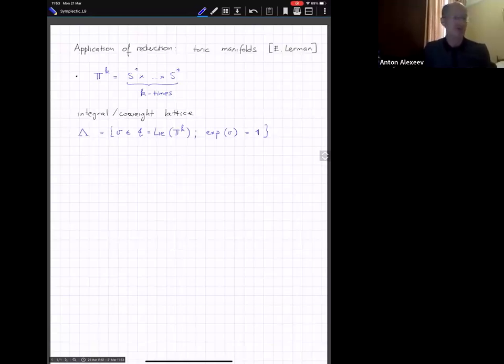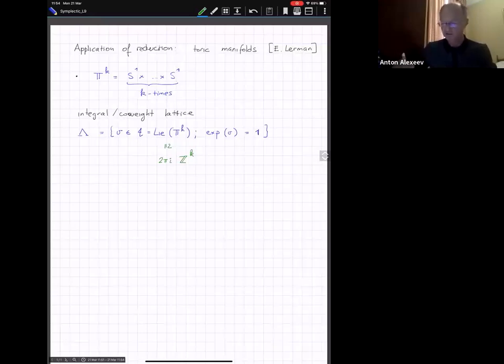And concretely, how does it look like? So this lattice, I mean, here I must say I have difficulties. I usually have difficulties with signs, but today, in addition to difficulties with signs, I have difficulties with imaginary units and 2 pi's. So let's say I identify this Lie algebra with 2 pi i times Z to the power k, because the exponential of 2 pi i is 1.